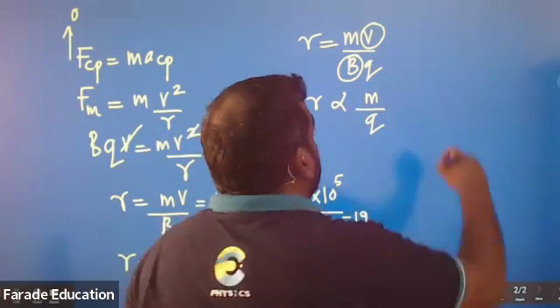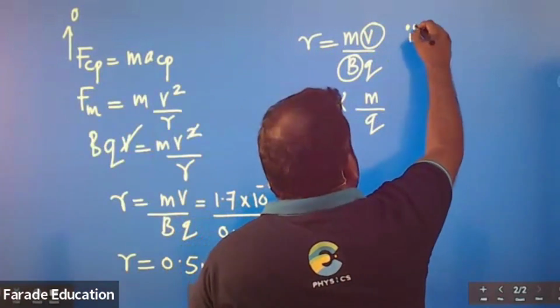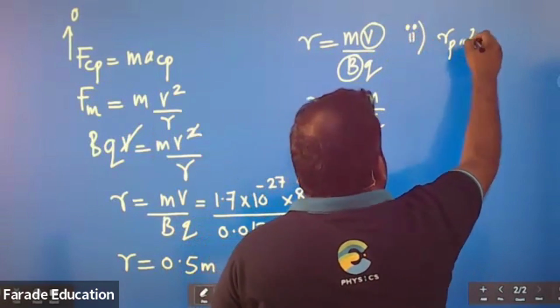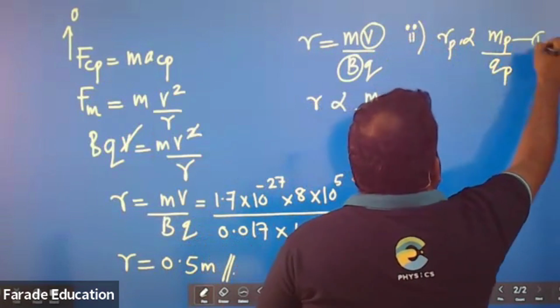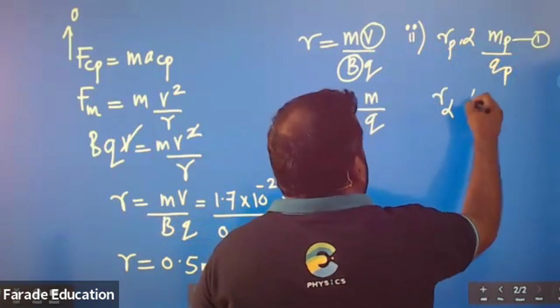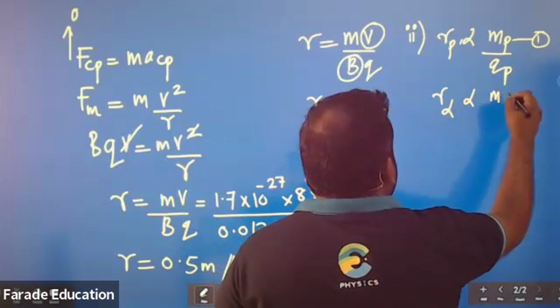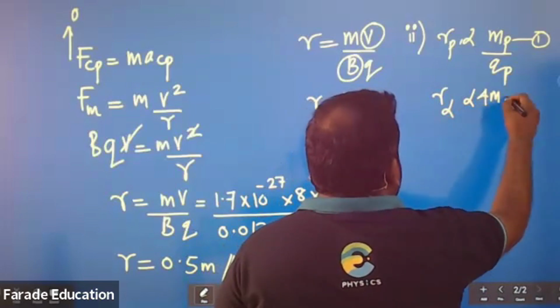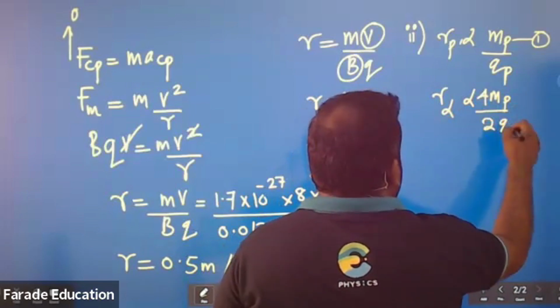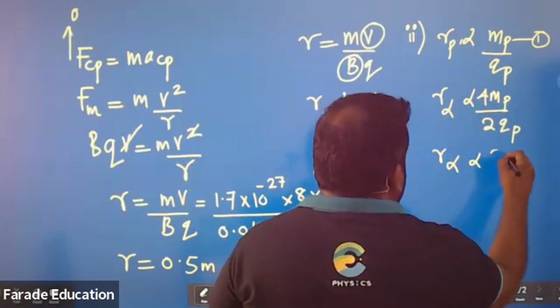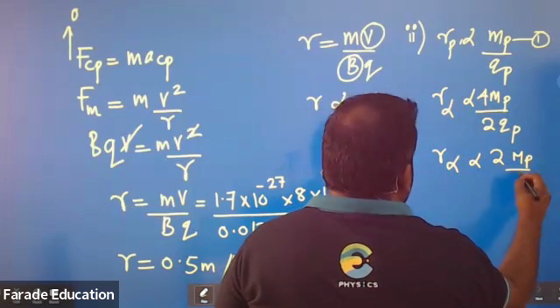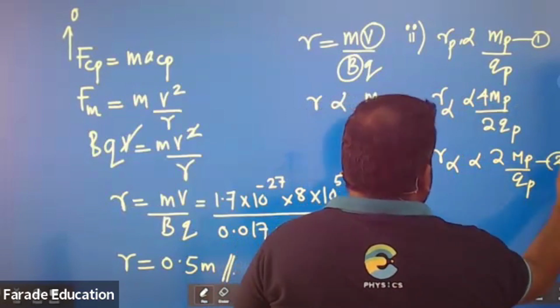So I can do the question here. Equation 1: radius of the proton is mass of the proton over charge of the proton. Radius of the alpha particle is proportional to 4 times mass of proton over 2 times charge of proton, so radius of alpha is 2 times mass of proton over charge of proton. Equation 2.